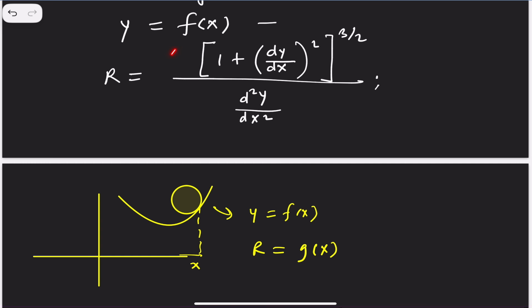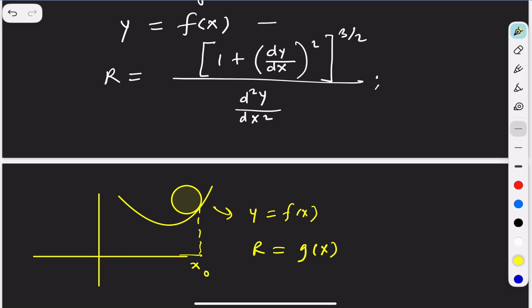Then suppose at a general x naught coordinate you want to find the radius of curvature. For this segment, we can put the g(x naught) value here, and then we will get a specific value of the radius of curvature for this part of the curve. So this is the whole thing that I wanted to tell you.